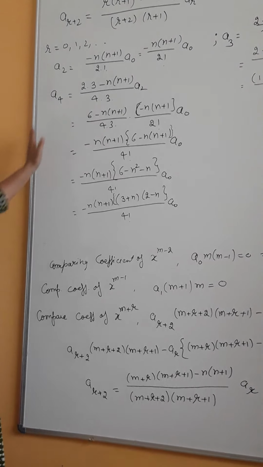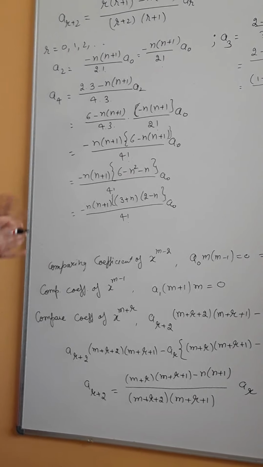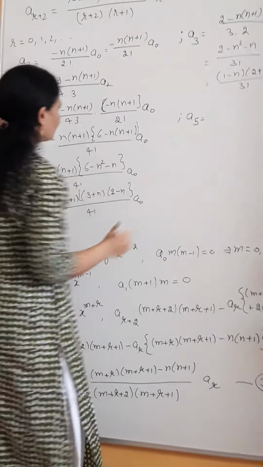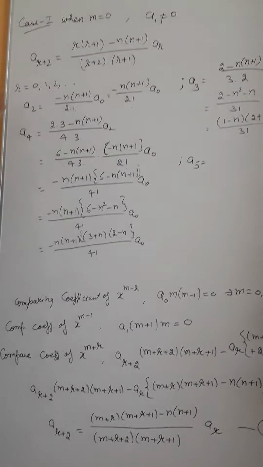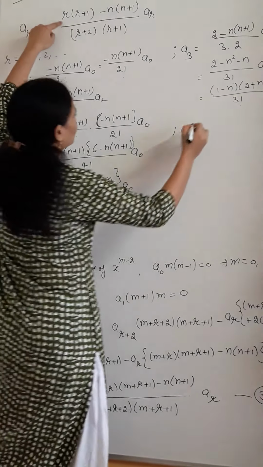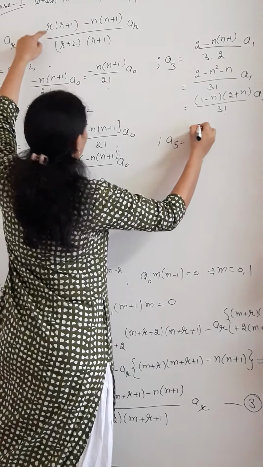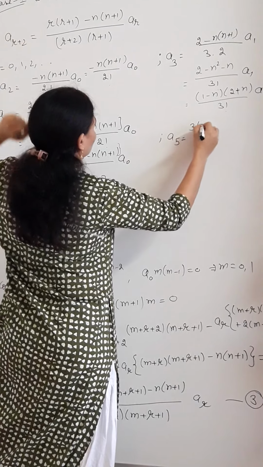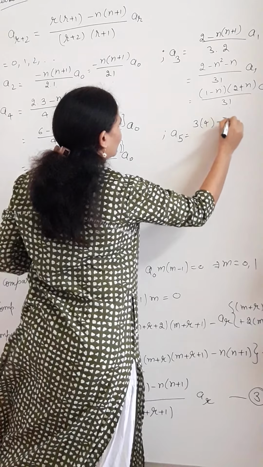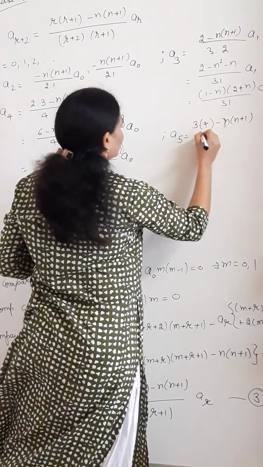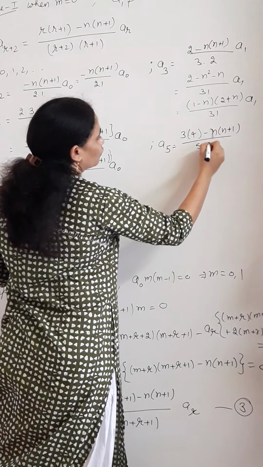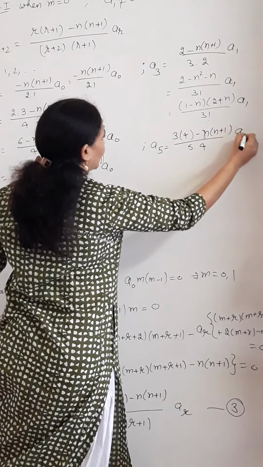Okay. So let's find out one more, then we will try to summarize this case. So let's find out a5. a5 means substituting r is equal to 3. So r equal to 3 if we write there, it should be 3 and 4. So 12 minus n plus 1 divided by 5 into 4, and it is a3.